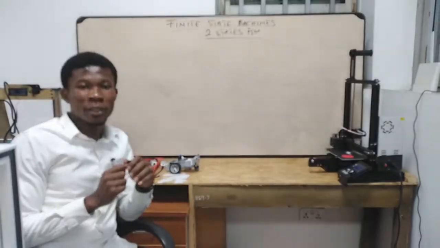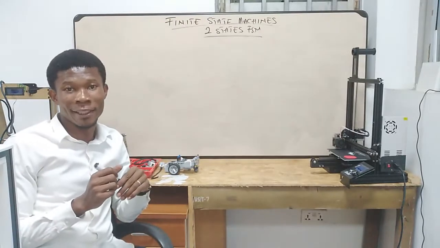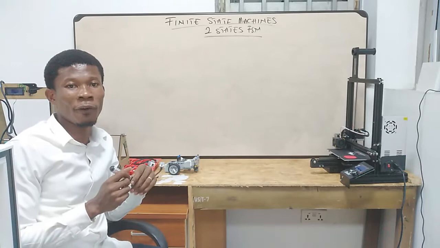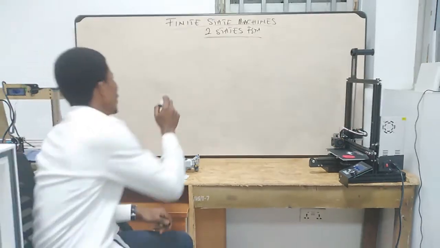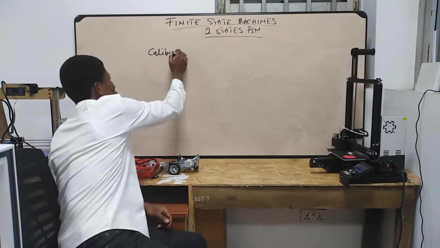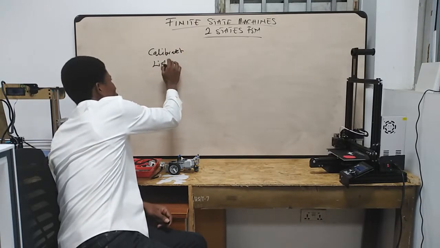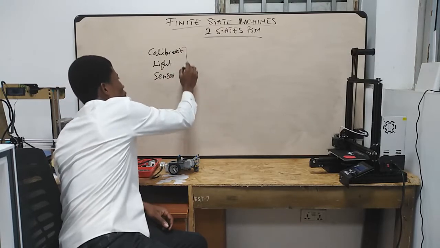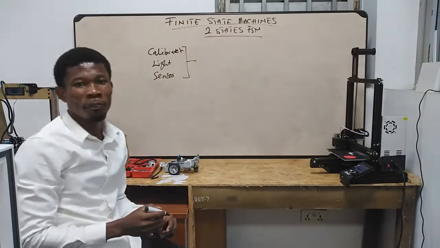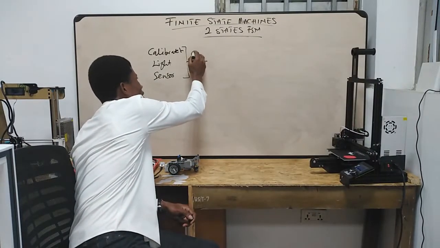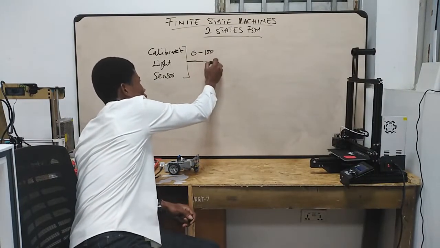Now, we start with two states, which means we will have two possible actions for our machine to take depending on what is happening or values coming from a light sensor. With our calibrated light sensor now, we have values coming out, and we know that after calibration, we have opened up the range, so our values range from 0 to 100.